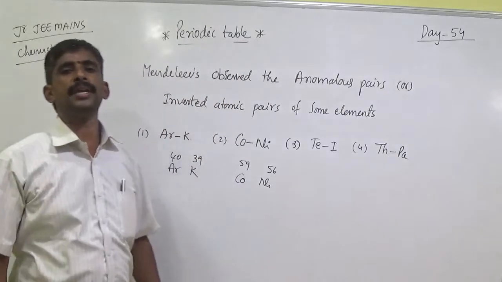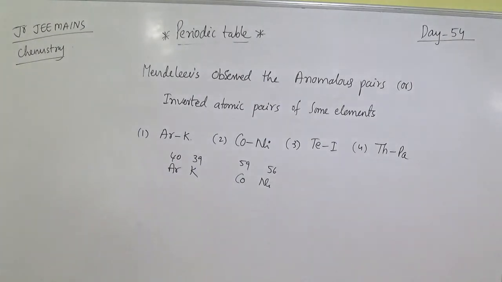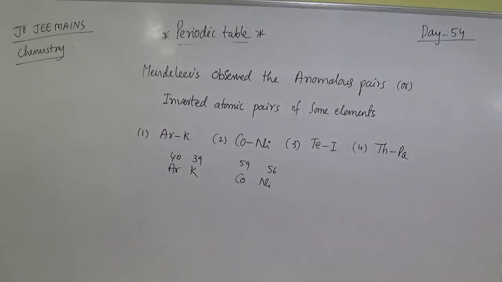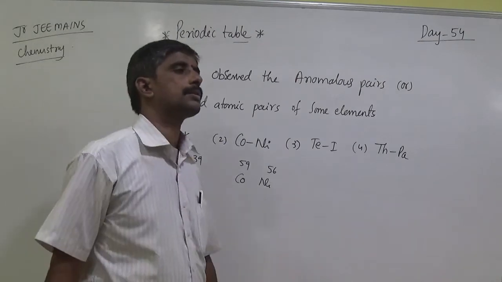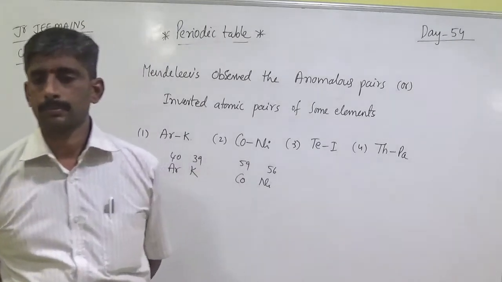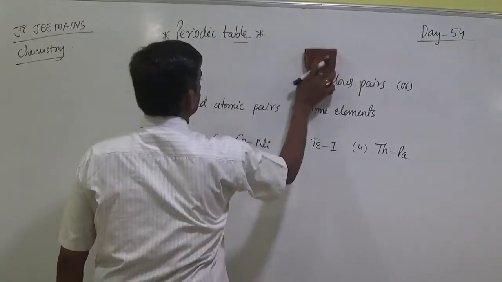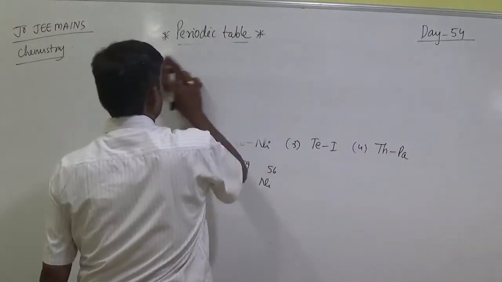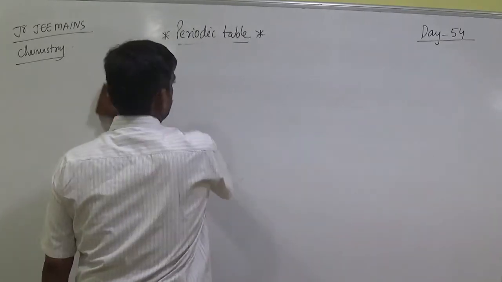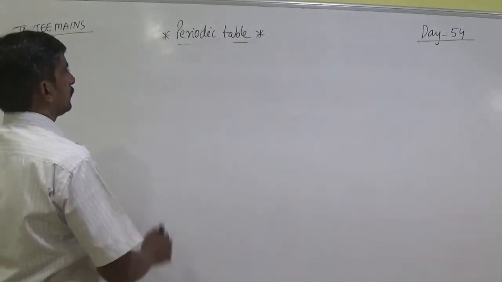So these are Mendeleev periodic table demerits.